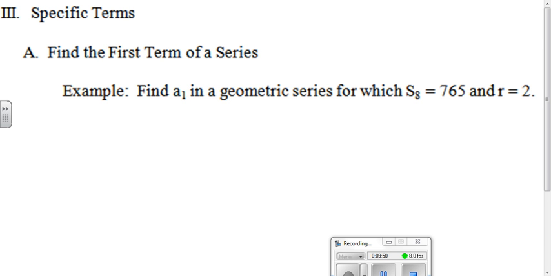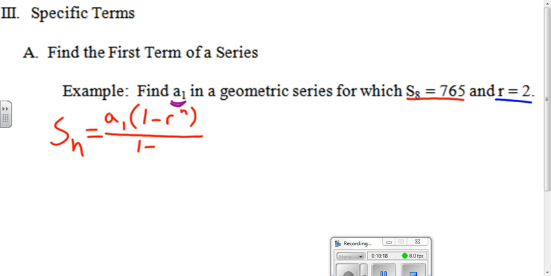Now if we're looking for specific terms, so if we know that the total sum in this case is 765, and that our r, common ratio, is 2, and we want to just find our first term. Well, in this case, we just set up our formula, S sub n equals a sub 1 times 1 minus r to the n, all over 1 minus r, and plug in the things that we do know.